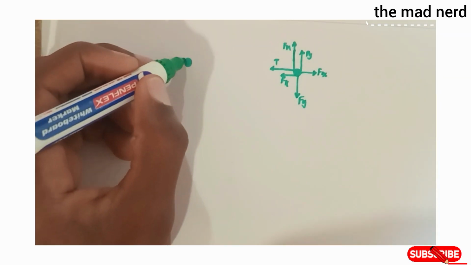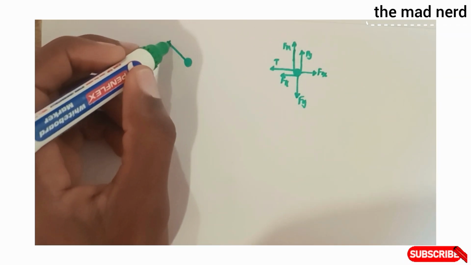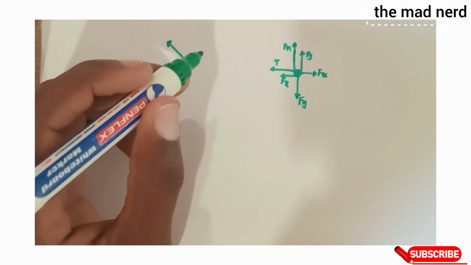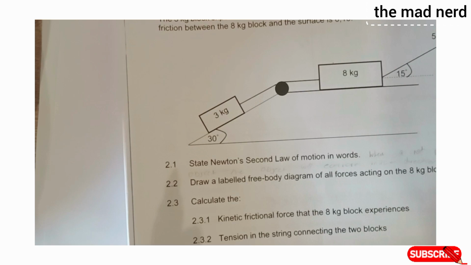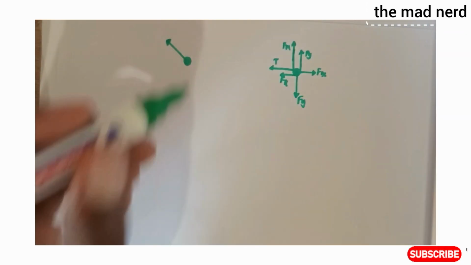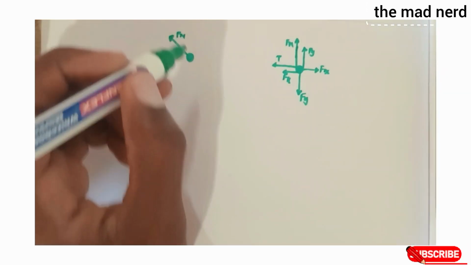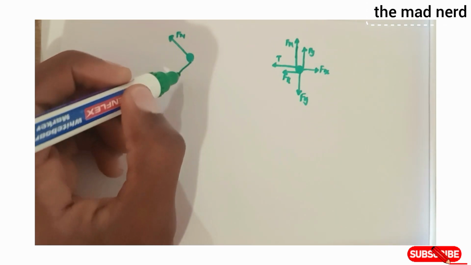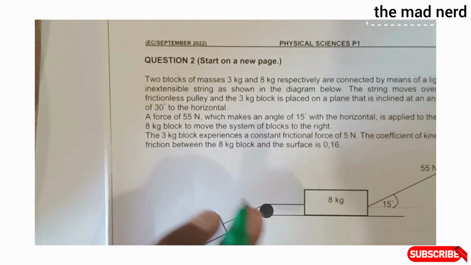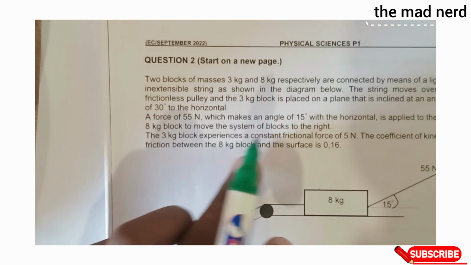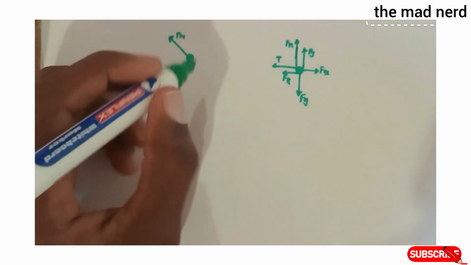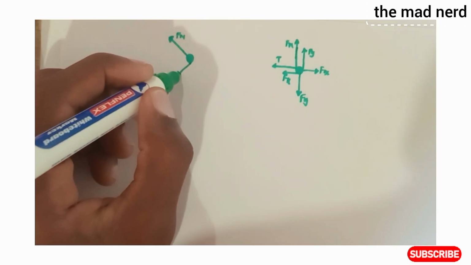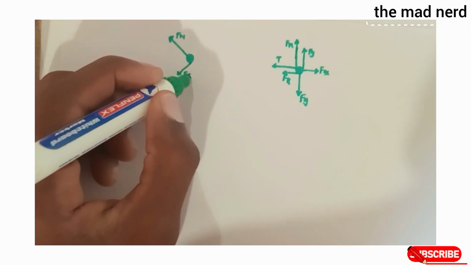And then for the 3 kg block, we also have Fn, because it's on the surface of the incline, so it has a normal force, Fn, present. And then we have a friction, because we're told it experiences a constant frictional force of 5 newtons. So it has that friction, that is Fk over here.